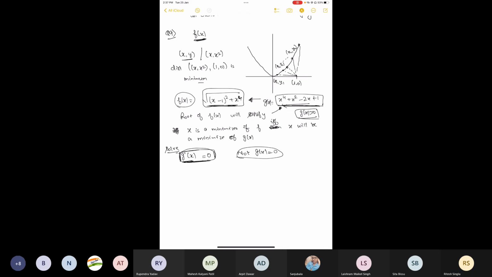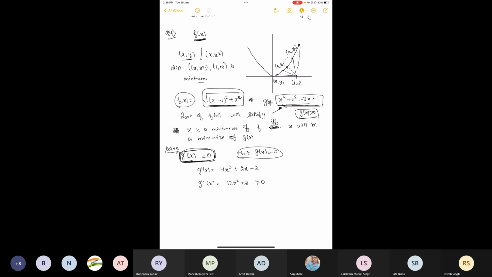Okay. Is it fine? Okay. And you can check that the solution is a minima only, because g prime x will be 4x cube plus 2x. 1 is the root of it. And g double prime x will be 12x square plus 2.